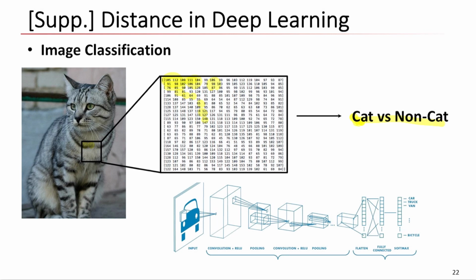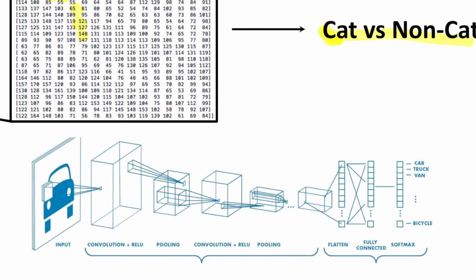This is the image classification problem. To solve it, there were many techniques, but nowadays there are deep learning based methods, like this one.